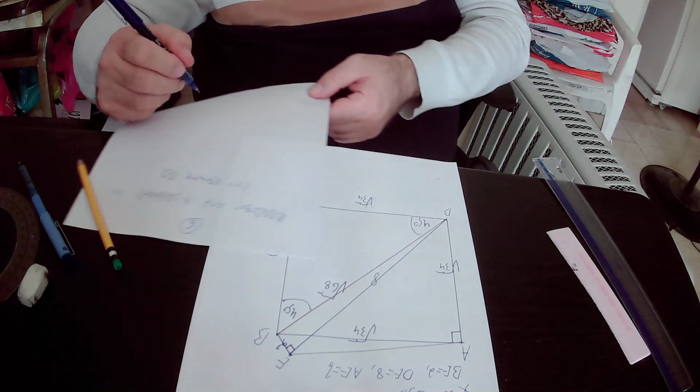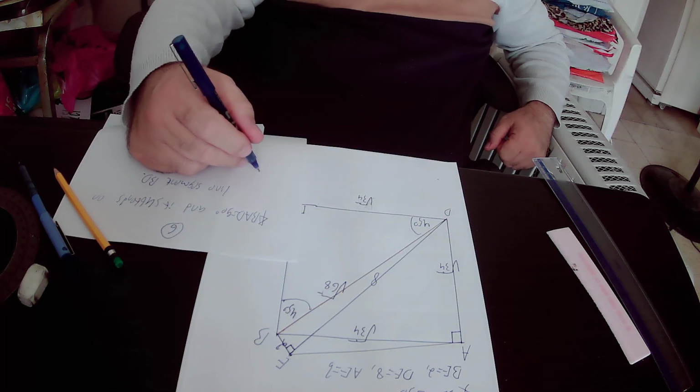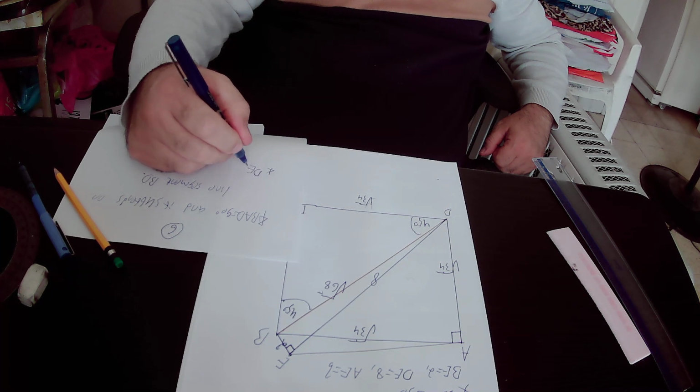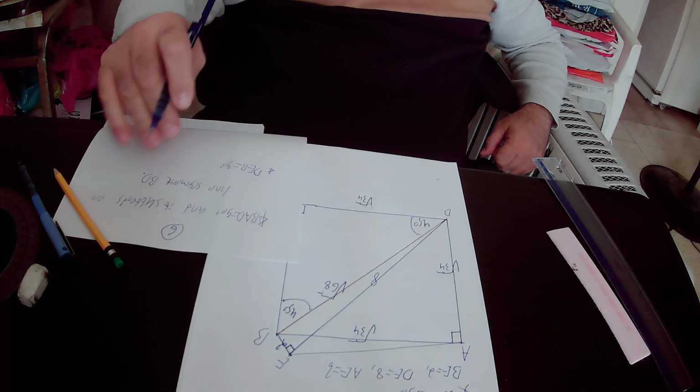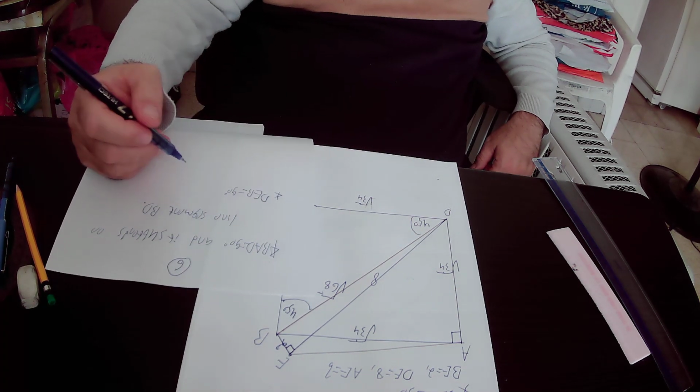And we also have angle DEB, this right angle that equals 90 degrees, and it also subtends on the same line segment BD.